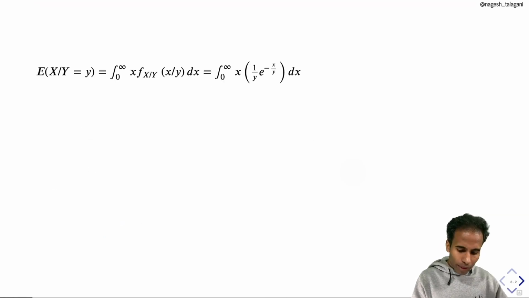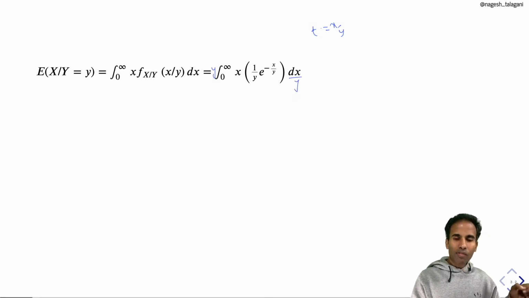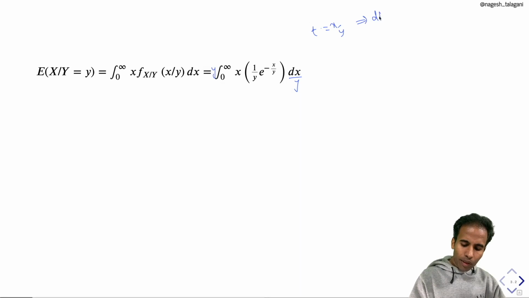Here, what I do, let us take a substitution t equal to x by y. Before that, let me multiply and divide by y. As we are integrating with respect to x, y is kind of a constant here. Then dt is going to be equal to dx by y.